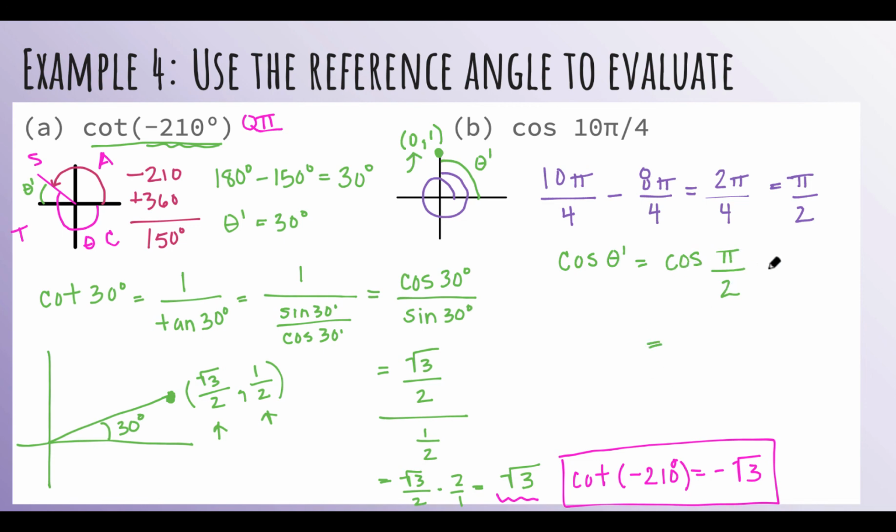The cosine of pi over 2 is just equal to 0. Since our original angle, 10 pi over 4, is right at the end of quadrant 1, the cosine of 10 pi over 4 is equal to 0.